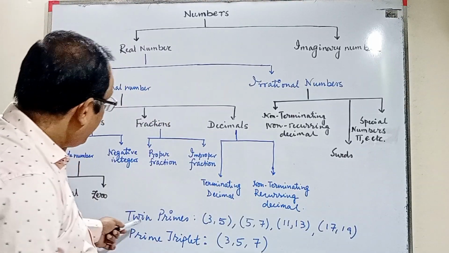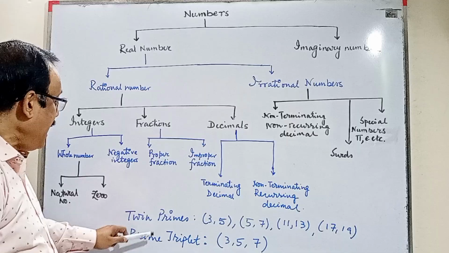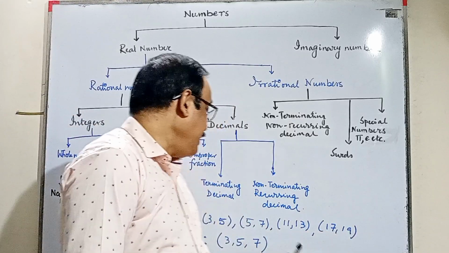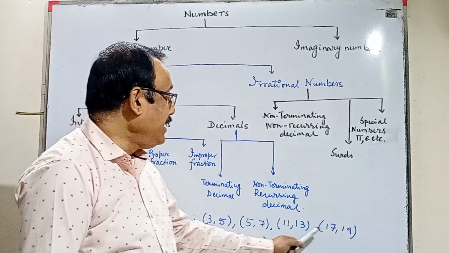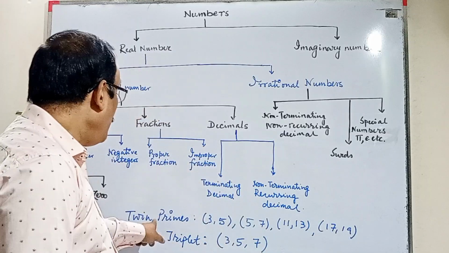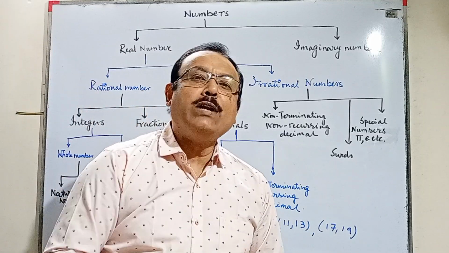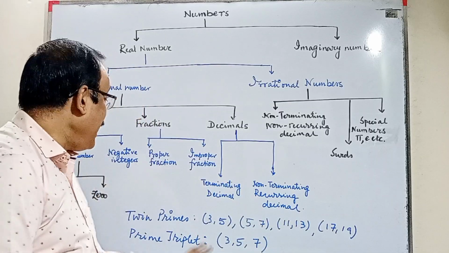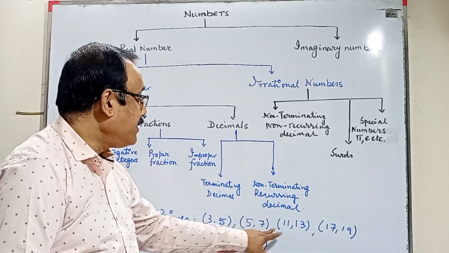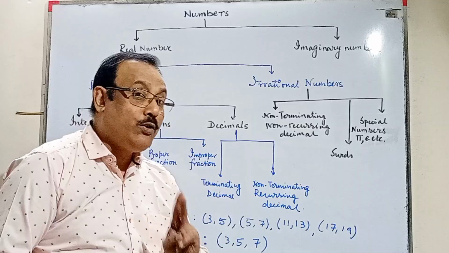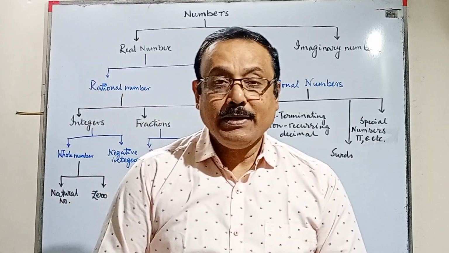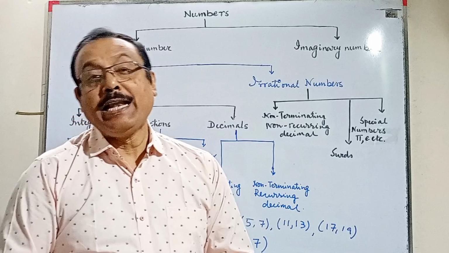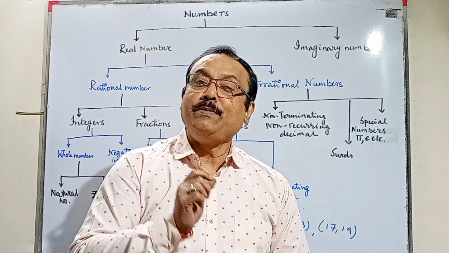Now next are those two that I wrote, twin primes and prime triplets. What are twin primes? I have written pairs of numbers: 3, 5; 5, 7; 11, 13; 17, 19. Twin primes are a set of two prime numbers whose difference is 2 and which have only one composite number in between them.